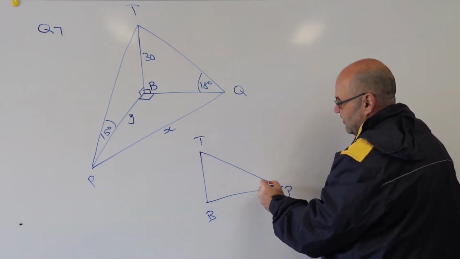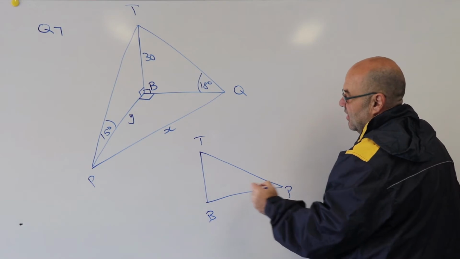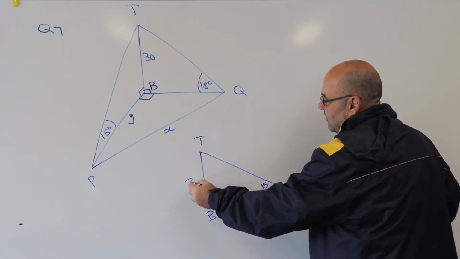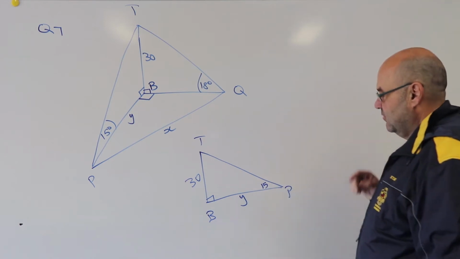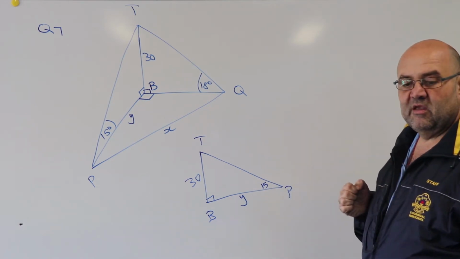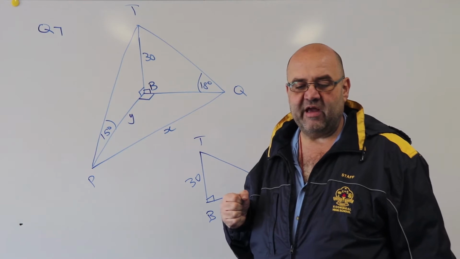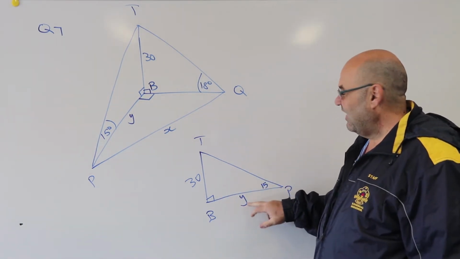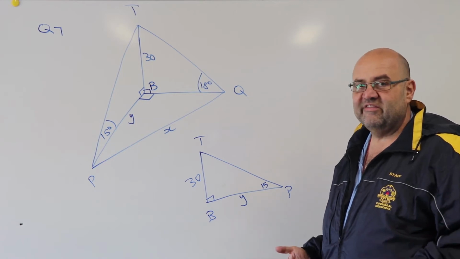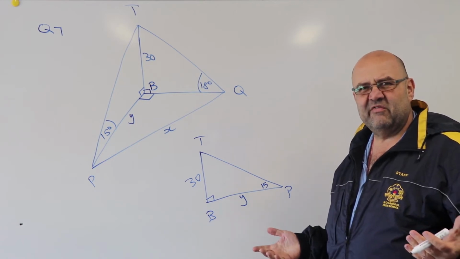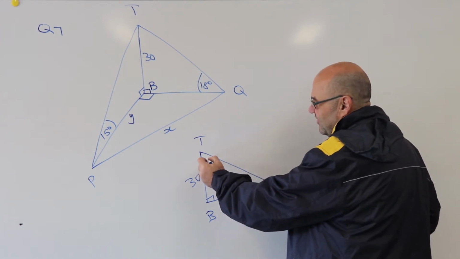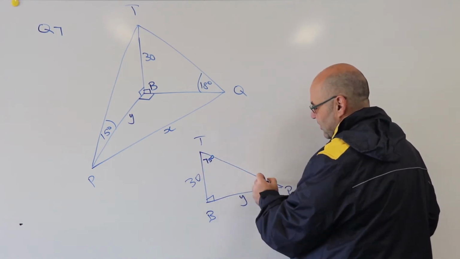There's my 15 degrees. There's the side that I've labelled Y. There's my right angle, and that's 30 metres up there. Now they're asking me to show that this side has got something to do with tan of 75 degrees. Well, where's the 75 coming from? If this is 15 degrees up here, then obviously this is 75 degrees up here.